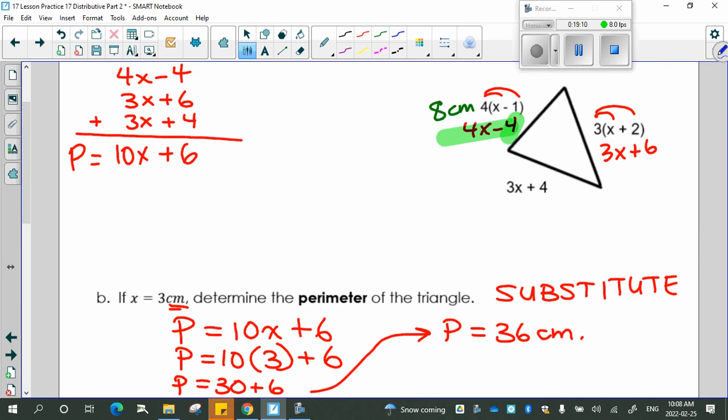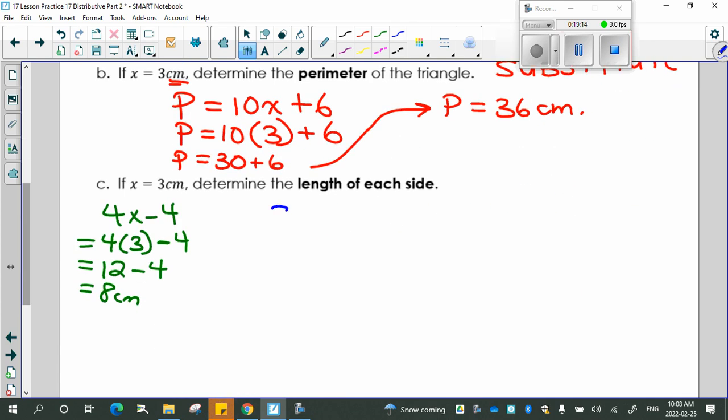The next one I'm going to do is going to be 3x plus 6. So I substitute. When you substitute in a value for x, you use brackets. A number beside a bracket means multiply.